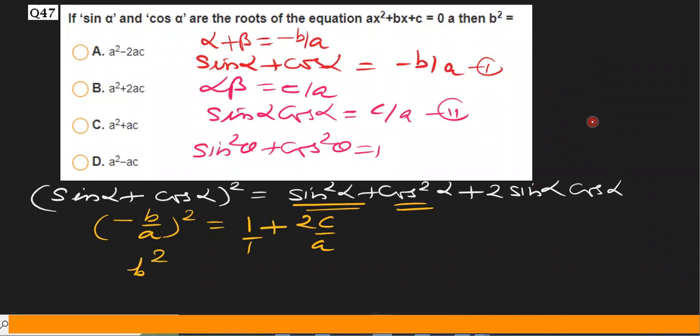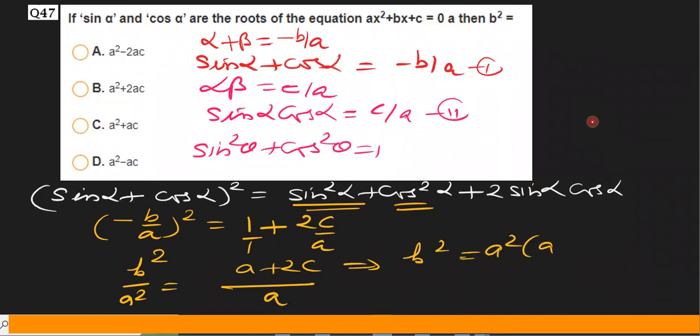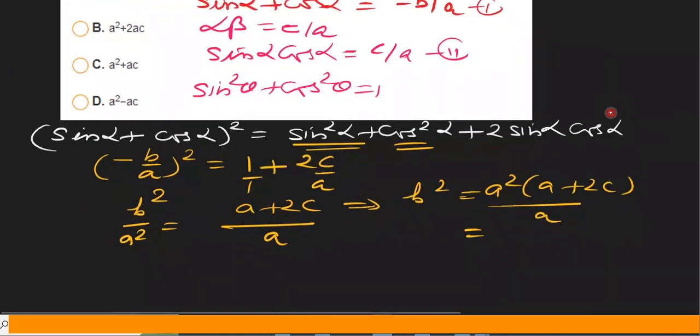So B square upon A square, taking A as LCM, is A plus 2C upon A. So B square is equal to A square into A plus 2C upon A. After cancellation, this A is cancelled by this power 2.